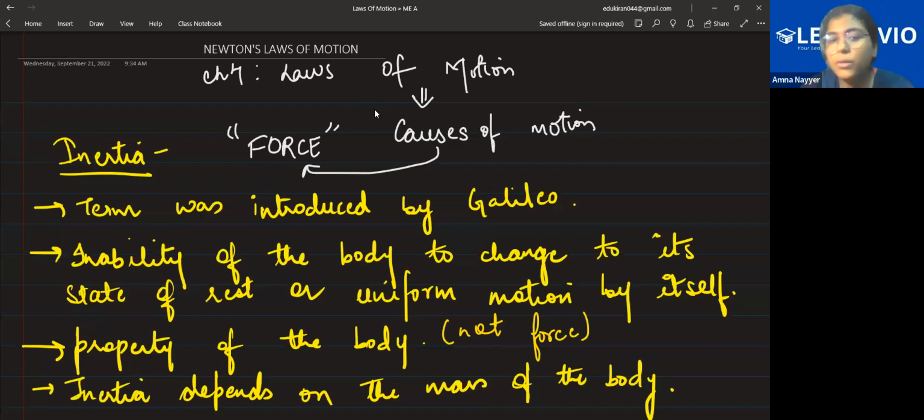Why? Because this body, our body, or any body, has a tendency to stay in that state. Obviously, there is no engine within the ball that the ball would move, right? And the ball is non-living, so it does not have this concept of muscular forces also, right? So that is the state of rest in which the ball is kept.